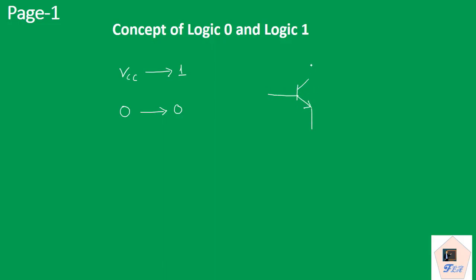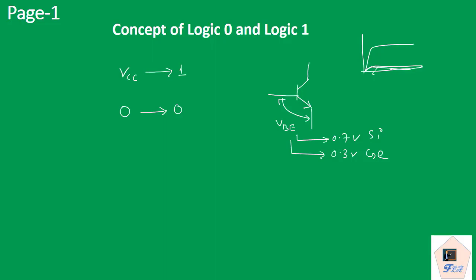Earlier we have seen that a transistor goes to the on state when we have VBE equal to 0.7 volt or more for a silicon transistor, and it should be 0.3 volt or more for a germanium transistor. The output characteristics of the transistor show that we have different regions of operation: cutoff region, saturation region.